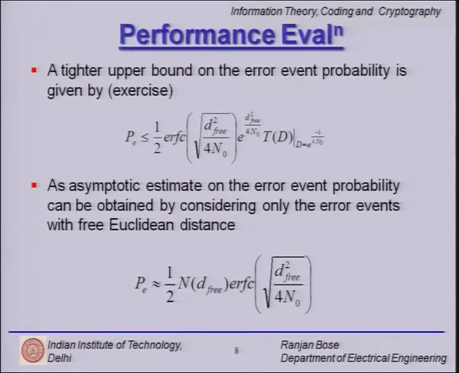If you look at the asymptotic estimate of the error event probability, we get the following expression: probability of error approximately half times N of d free times erfc of the square root of d free squared over 4 N naught.